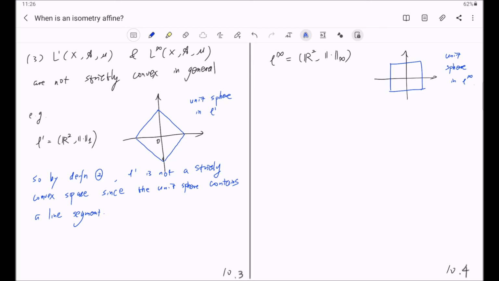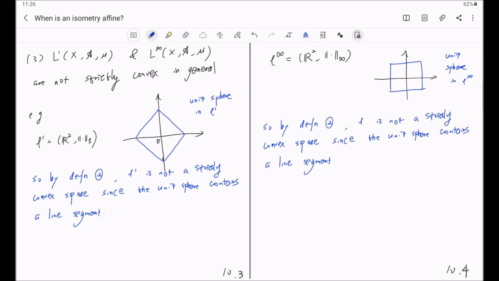So, again, by the definition number 2, little l infinity space is not a strictly convex space because the unit sphere contains a line segment. And this completes this non-example.